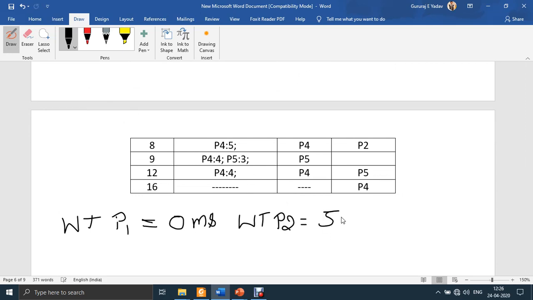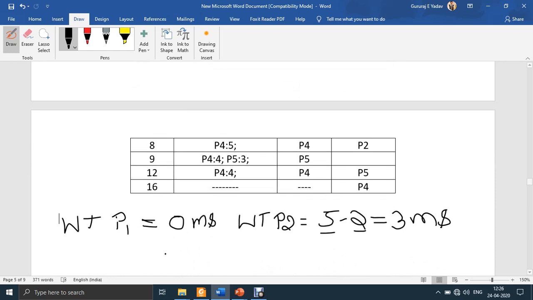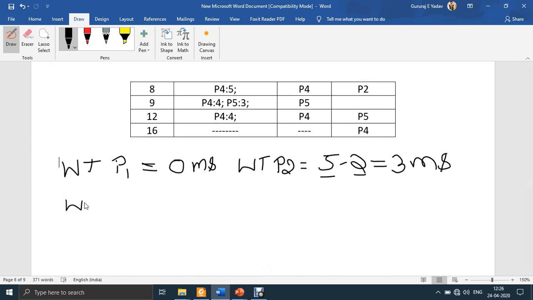So it is 5 minus 2, which is 3 milliseconds. That is the waiting time of P2. It came at 2, but got the chance to execute at 5. That is the meaning.